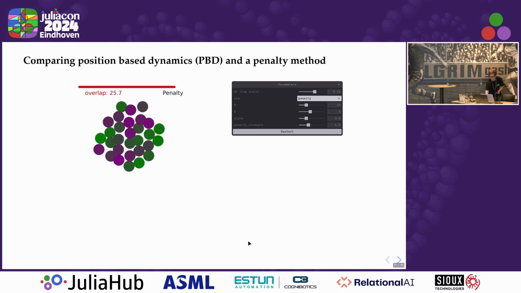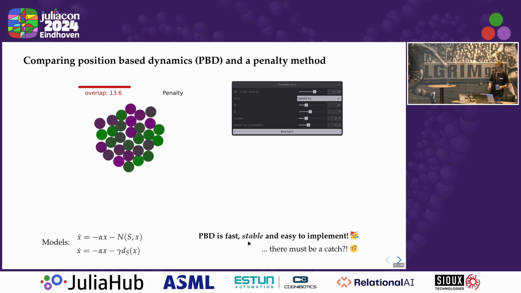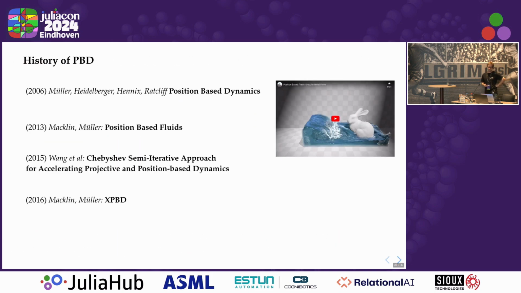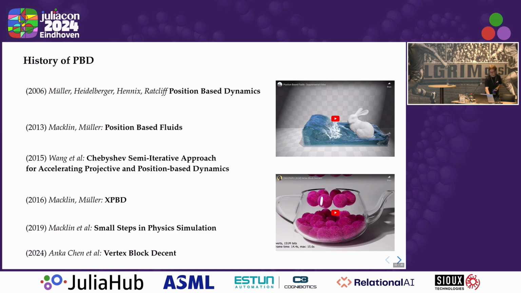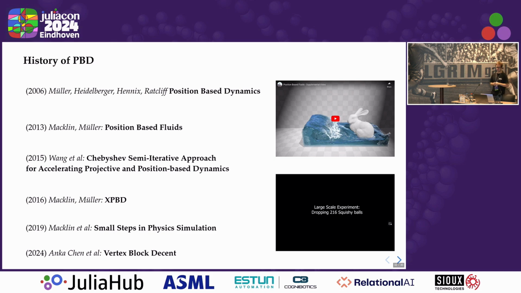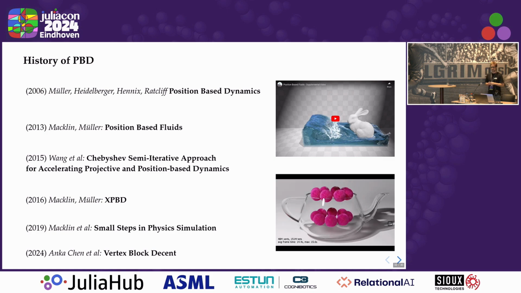And let me just show. This method was not developed by me, but by NVIDIA researchers for all kinds of really cool simulations, the kind where we mathematicians are always jealous. And recently it was also applied to elasticity equations by Anka Chen, called the vertex block descent method.